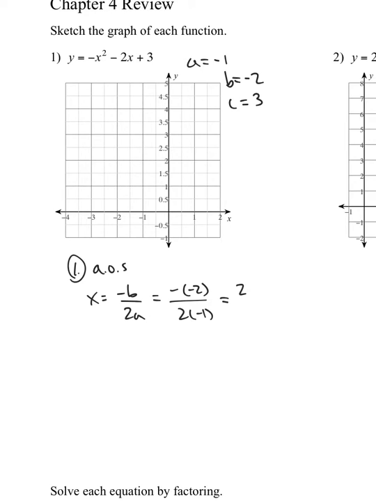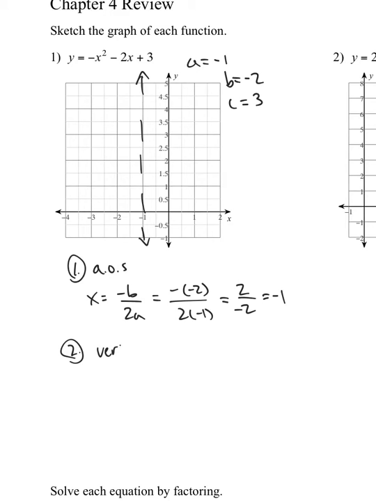That's positive 2 on top over negative 2 on bottom. The axis of symmetry is at negative 1. Guys, the axis of symmetry is that line that cuts our parabola in half. The points reflect across it, so that's why we start with that.